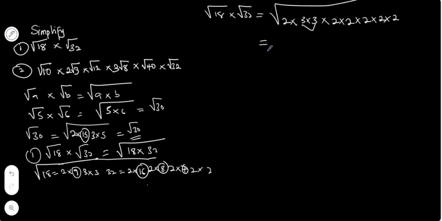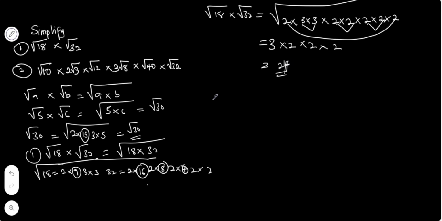So these 2 pairs is the root of one number. We have another pair 2, that's times 2. We have another pair 2, that's times 2. In fact, we have another pair 2, that's times 2. That means that root 18 times root 32 gives us a perfect square, which is now equal to 3 times 2, 6, 6 times 2, 12, 12 times 2, 24. And that will be our answer.